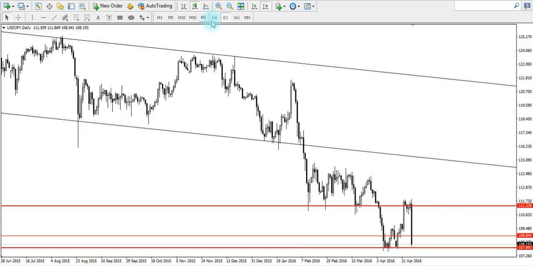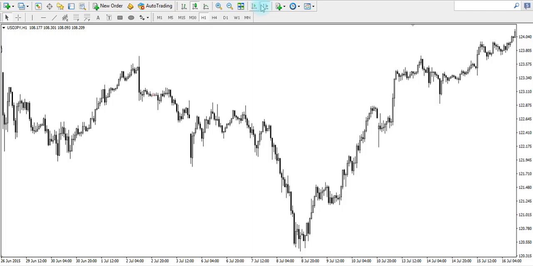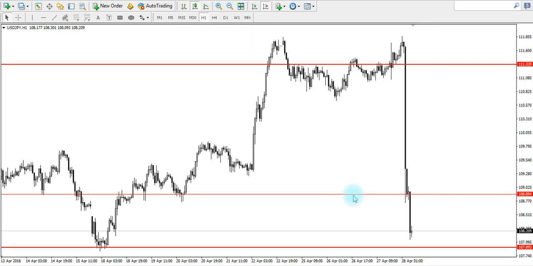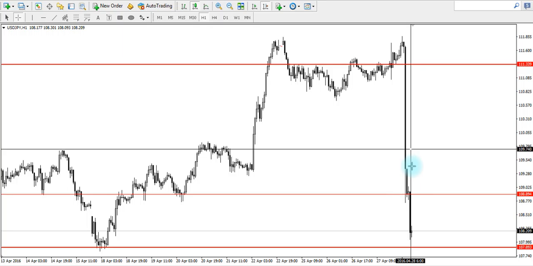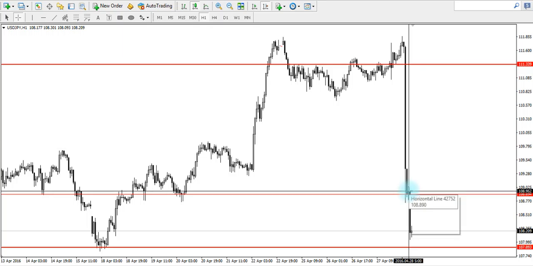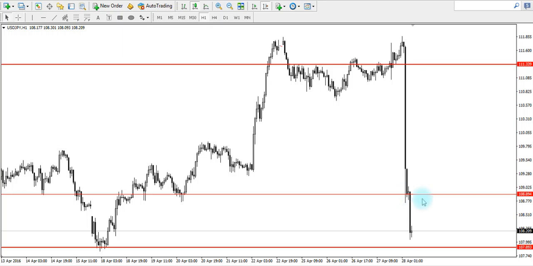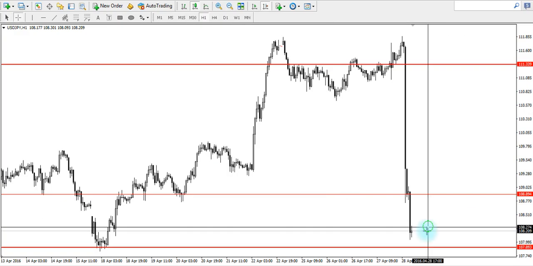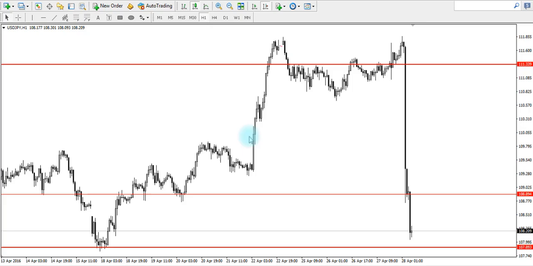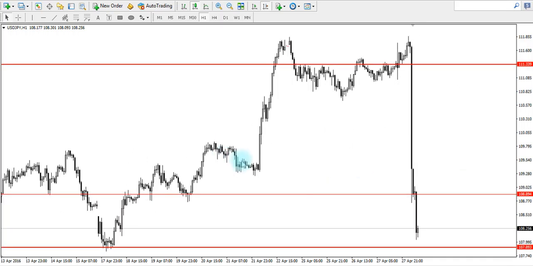So in the H1 chart, just now we are seeing that as the price tumbled, the price is seen supported at 108.89, and right now we have seen that the price is broke below. Is about to reach the major support at 107.89. So that's where we can actually look for an opportunity to go for the buy. So that is very straightforward for the dollar against Japanese yen.